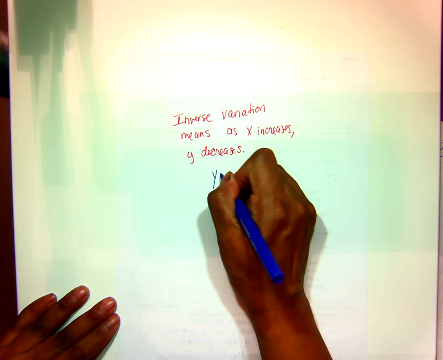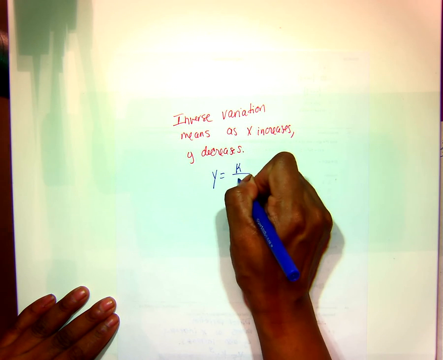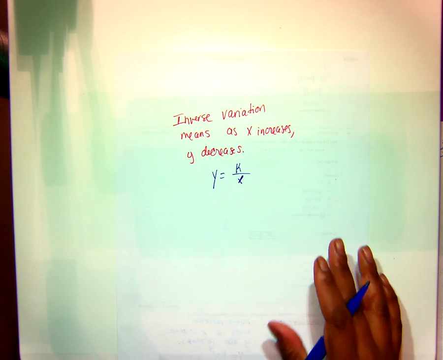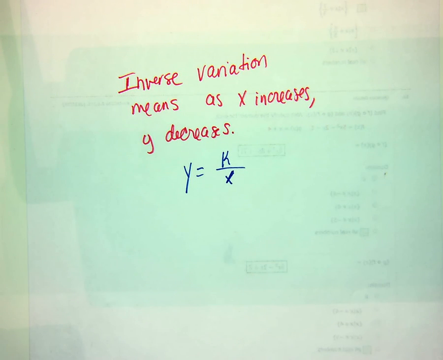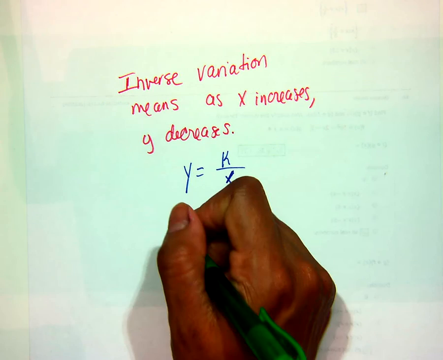A good representation of that will be y equals k over x. Now the reason why you're doing that is because it's the inverse. So that means they're opposite of it. It's almost like a reciprocal of it.